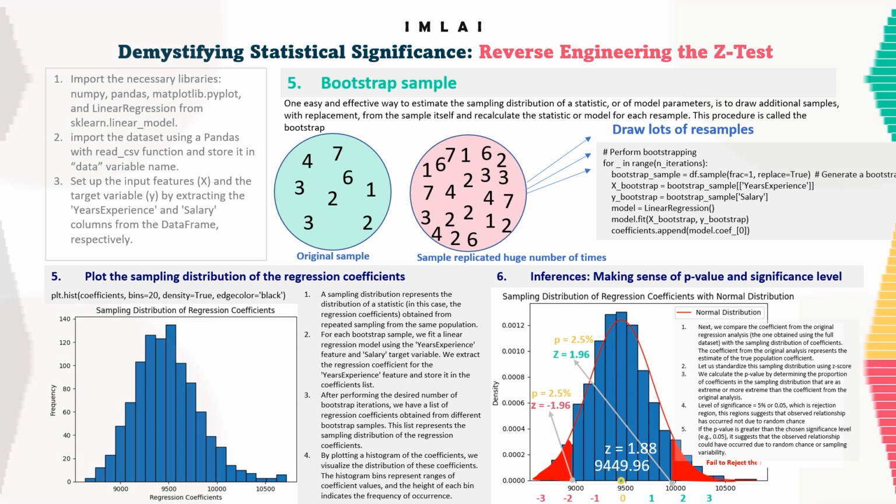Because of that, you have eliminated 95% of regression coefficients which can occur through randomness, through random chance. So that's what a statistical significance test is, and this is how you have to understand it.